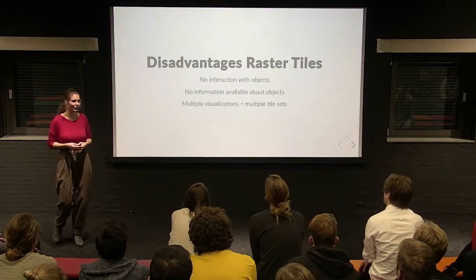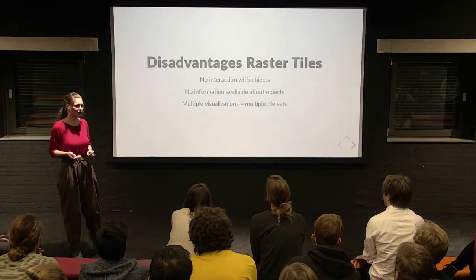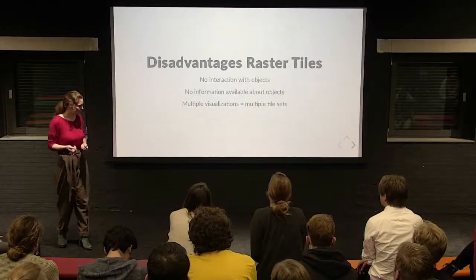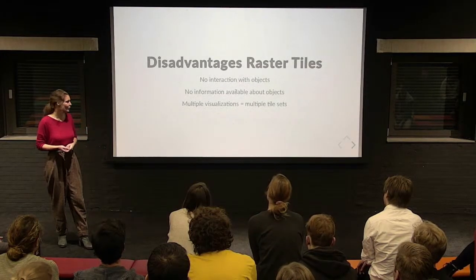There is a disadvantage, though, to raster tiles, because what you actually do is flatten all your geodata into a PNG image. So you lose all the information about your features, the attribute information that you might have in your geodata. Also, there is no interaction possible anymore on the client side. There's no information on the features.